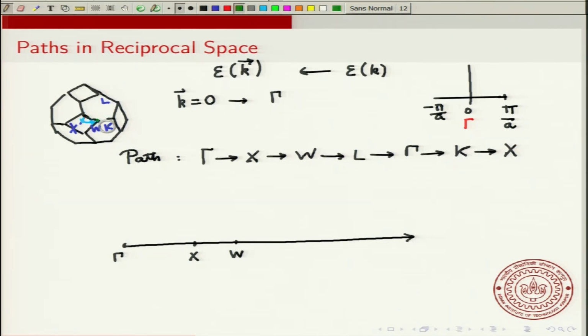Let me show an alternate K point that is right here. Oh, sorry, no, this is the K point.